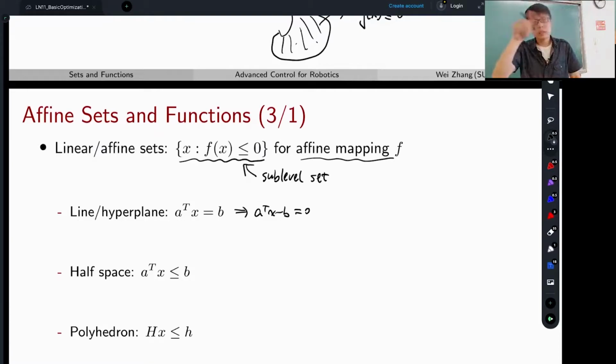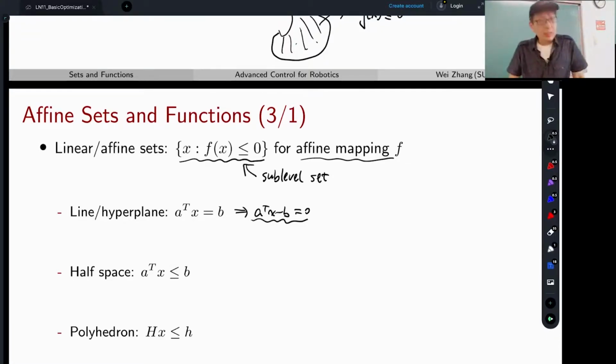Well, this doesn't have an inequality sign, it only has the equality sign. So this is a function of x, and it's an affine function of x. So this set, I would say, is an affine set or a linear set. You see what I mean? Because it's a level set, not a sub-level set, a level set of an affine function.